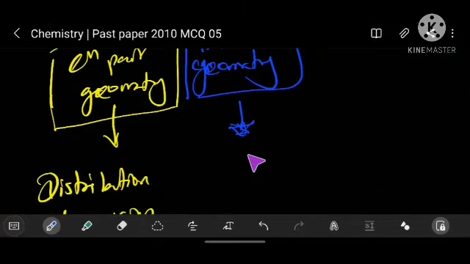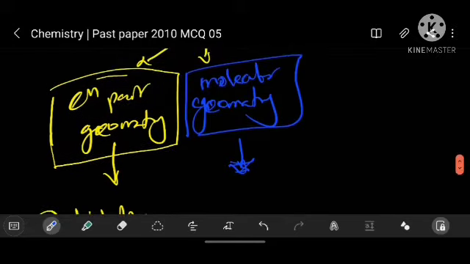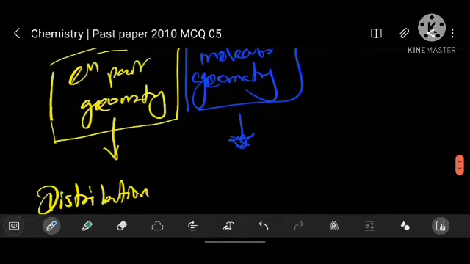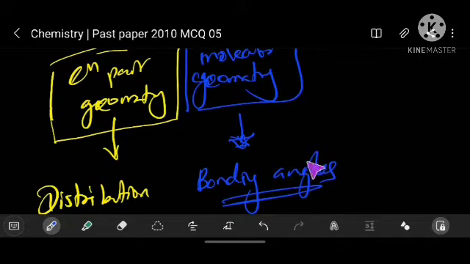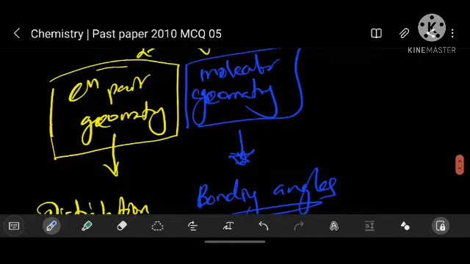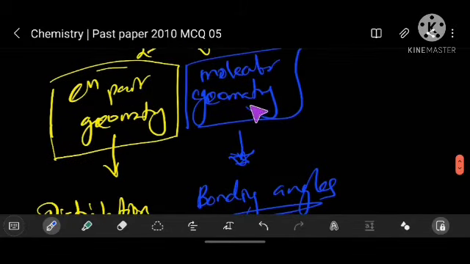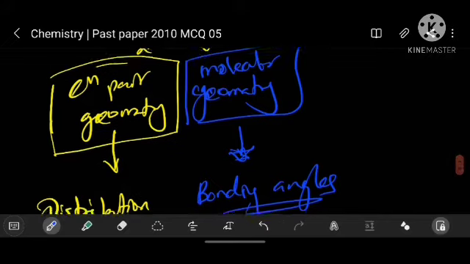When stating the geometry of a particular molecule, it is necessary to report the bonding angles. So when we establish the molecular geometry, we need to state the bonding angle as well. We'll talk about this later.